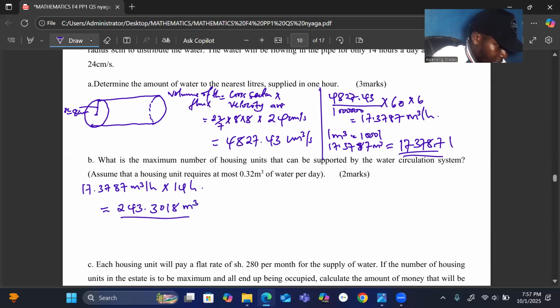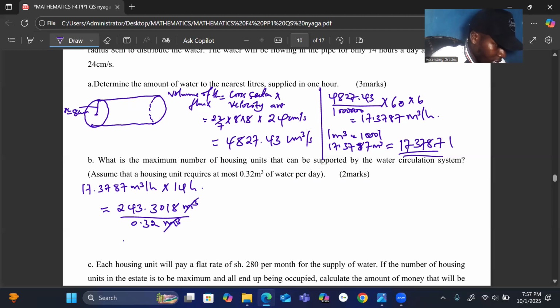Now we divide by 0.32 cubic meters. They said at most 0.32.